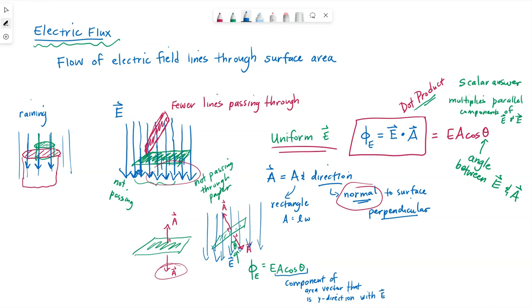Any x components would not be passing through.